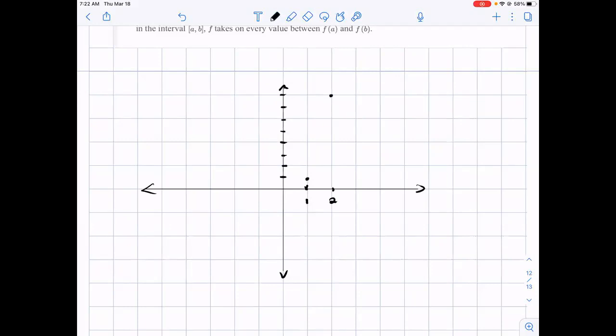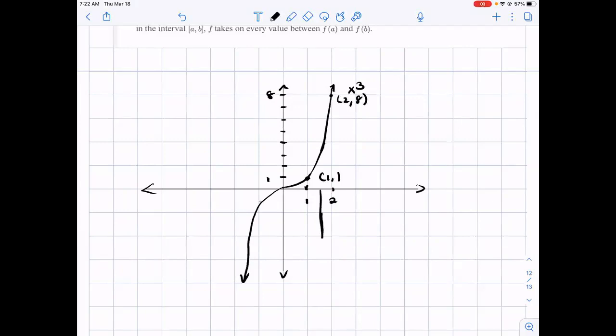My graph would look like this, and then the same thing on this side. If this is x cubed, this here is the point 1, 1, and this here is the point 2, 8.